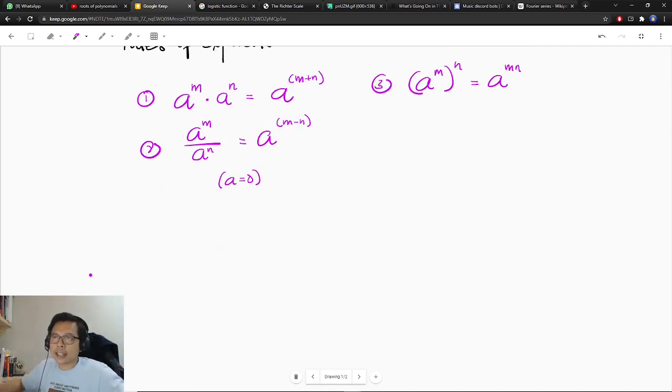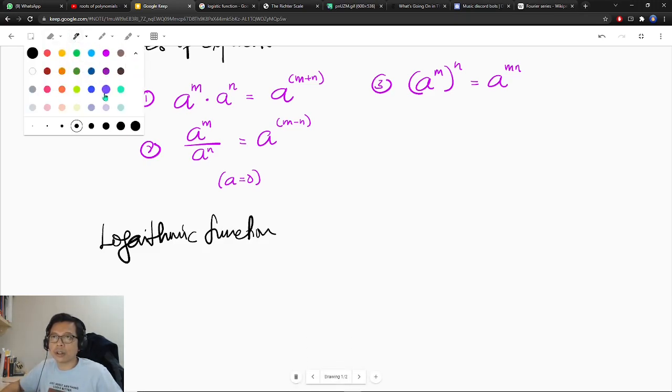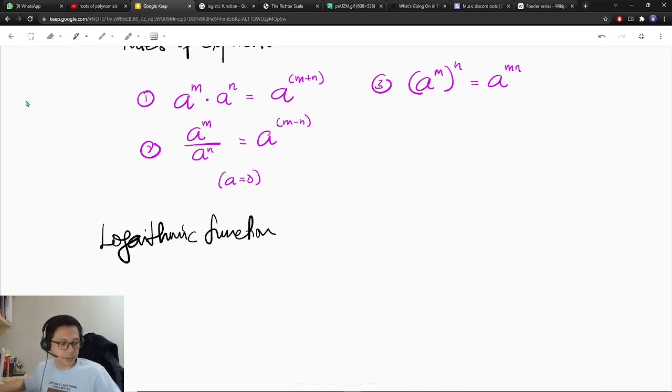And then logarithmic functions. There are some rules also. Let's say you have natural log of m times n. This can be expanded to natural log of m plus natural log of n.